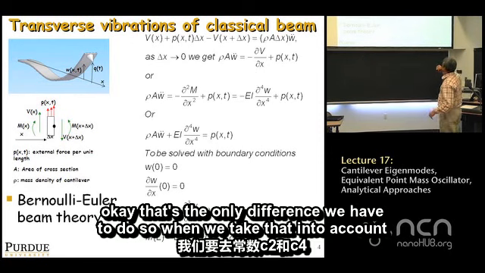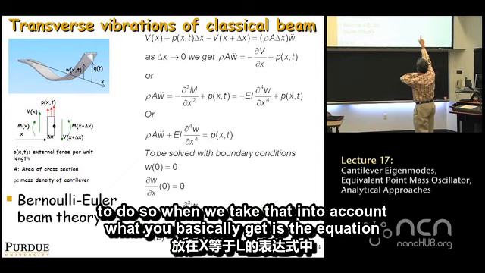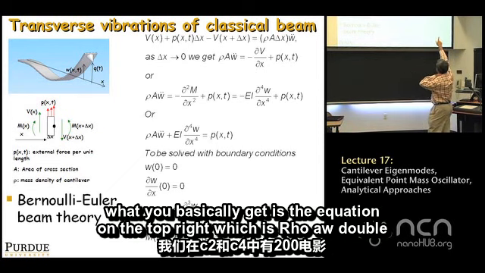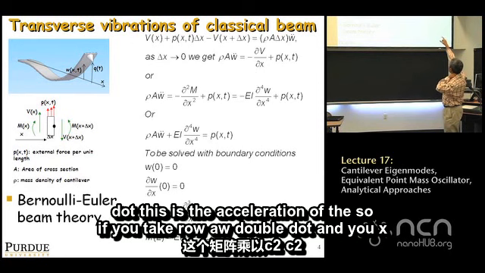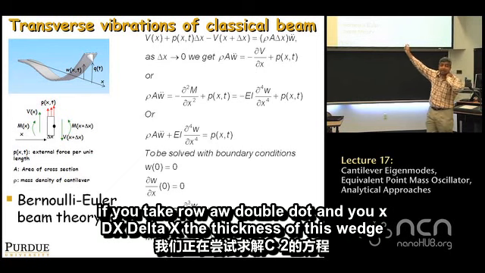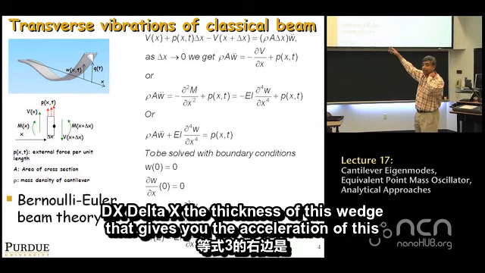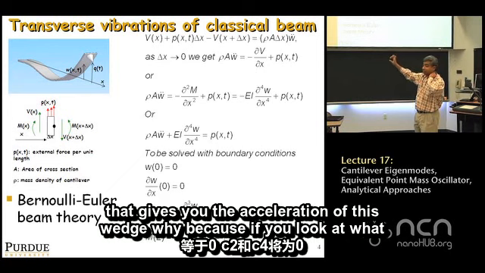So when we take that into account, what you basically get is the equation on the top right, which is rho A w double dot. If you take rho A w double dot and you multiply it by delta x, the thickness of this wedge, that gives you the inertial force of this wedge. Why?